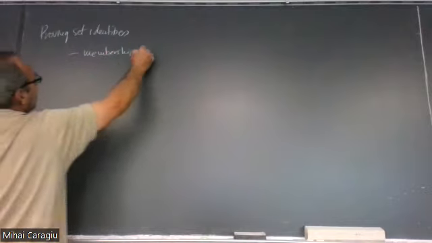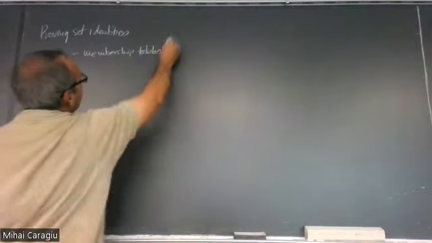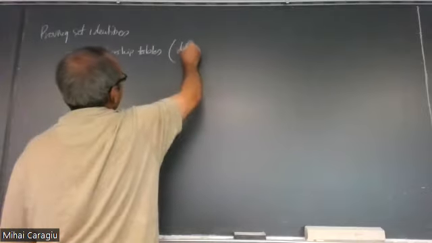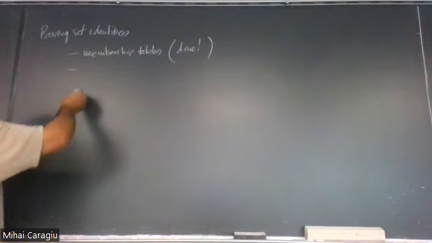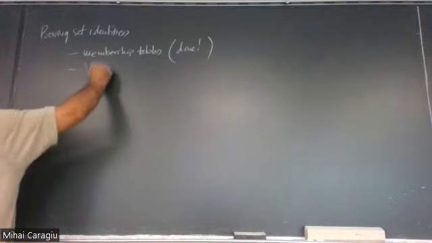Proving set identities. We did it by membership tables already on the previous lecture. But also, because it's a homework, let's do Venn diagrams.